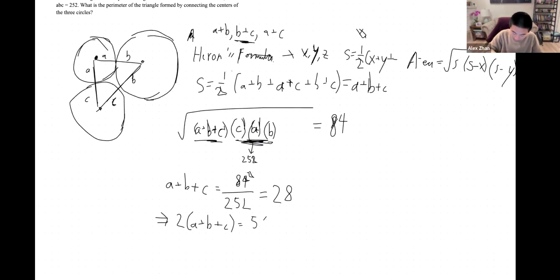So this is our final answer: 56. Does anyone have any questions on this? No questions? Then we will move on to the next one.